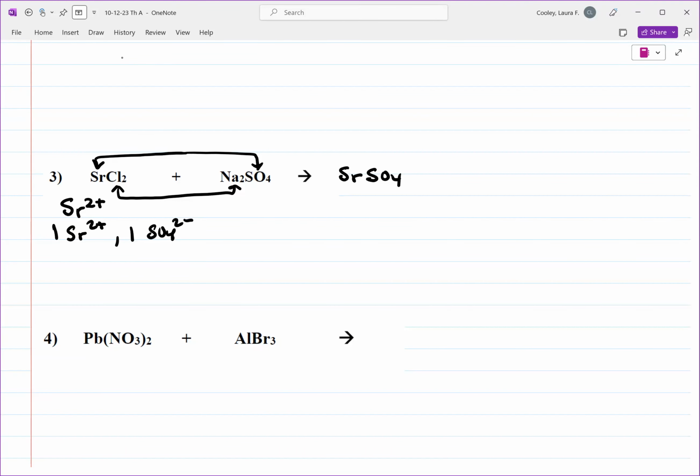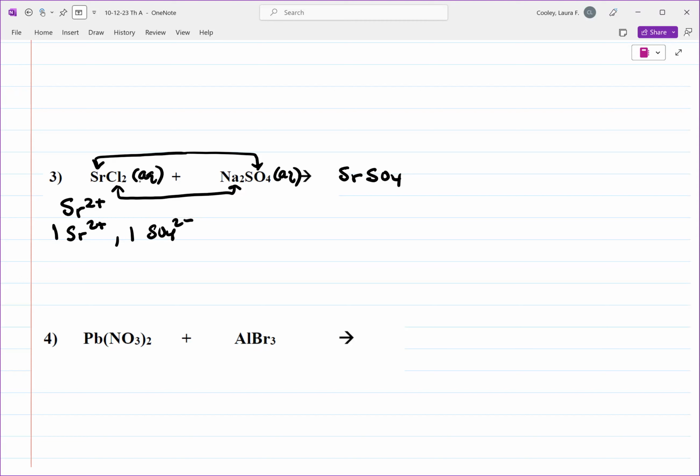Okay, by the way, let's first figure out the phases here. All chlorides. Wait a minute, actually, I don't remember that. Yeah, strontium is not an exception to the chlorides are soluble rule. So that's aqueous. Anything with sodium is aqueous.